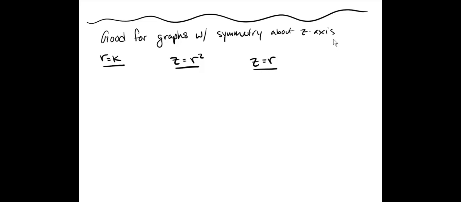r equals a constant. What would that give us if we graphed it? Well, remember, r squared equals x squared plus y squared. So if r is k, r squared is k squared. We can see these give us circles of radius k centered at the origin.